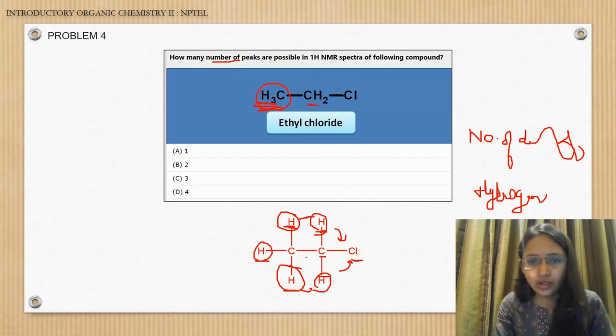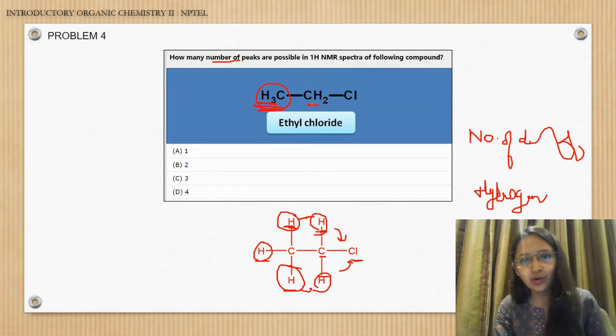So they are another set of protons that give a signal in the 1H NMR. So we have two kinds of protons in the system, which give two peaks. The first peak is because of the methyl hydrogens, and the second is because of the methylene hydrogens.